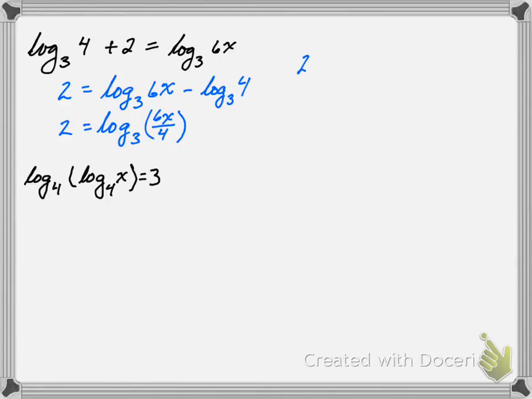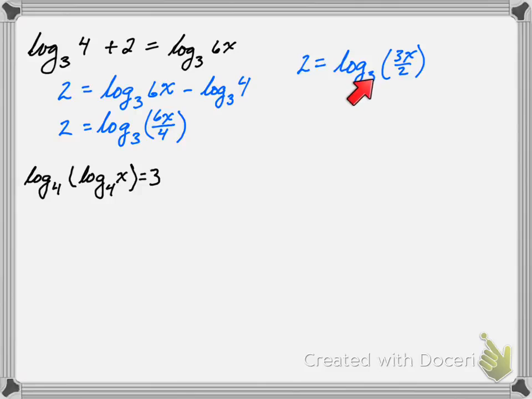And we could reduce 6x over 4, which is the same thing as 3x over 2. And let's convert this now to an exponential equation, because we have a log equals a number. Not a log equals a log, but a log equals a number.